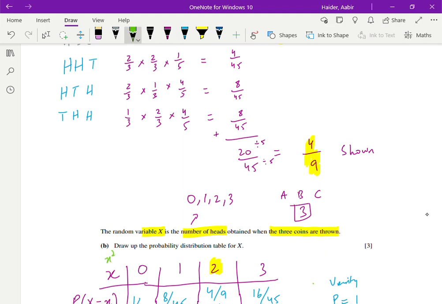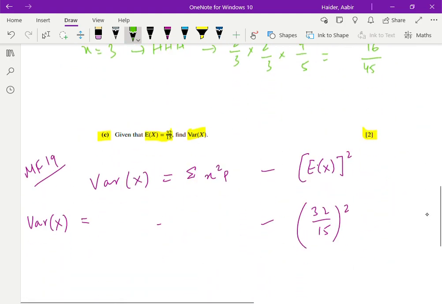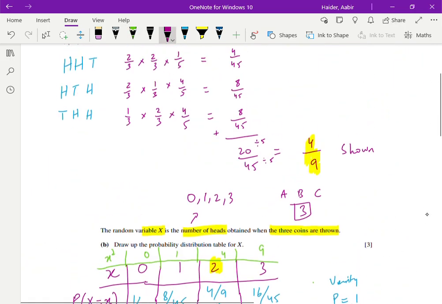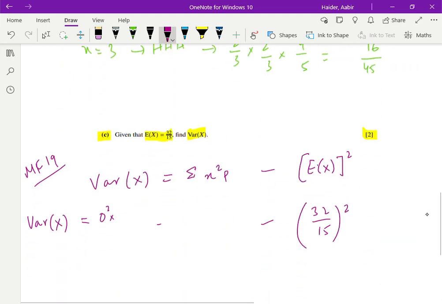If I find the x squared right on top of x, that should be 0, 1, 4, and 9, right? 0, 1, 4, and 9. So I can simply multiply this 0 squared with the relevant probability, which is 1 over 45, or I can simply write 1 and 45. Since it is 45 for each one of them, I'm going to write 45 just once. I can take it as common.